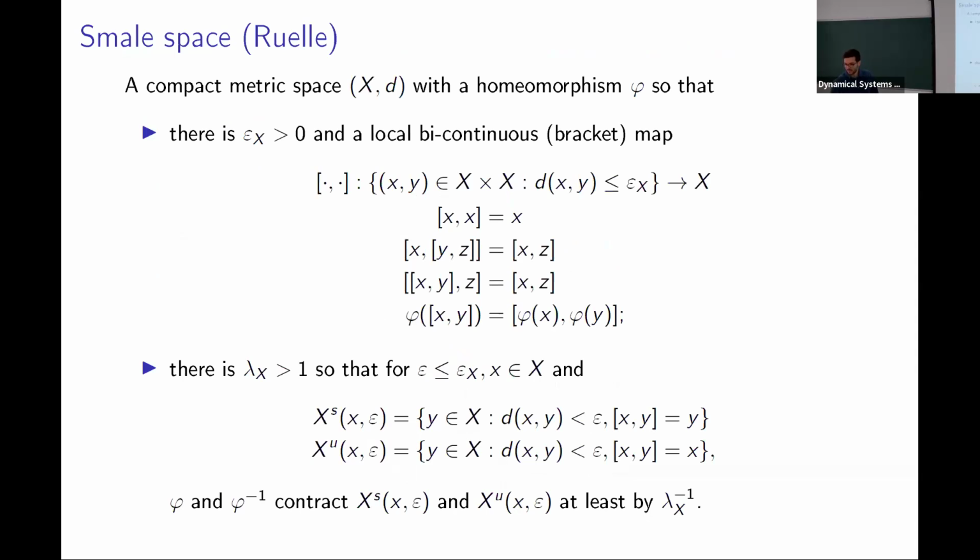You might try to extend the local bracket to global. I think it is an open problem. If you can do it, then it is toral. And the question whether there exists such a bracket on other manifolds. Yes.